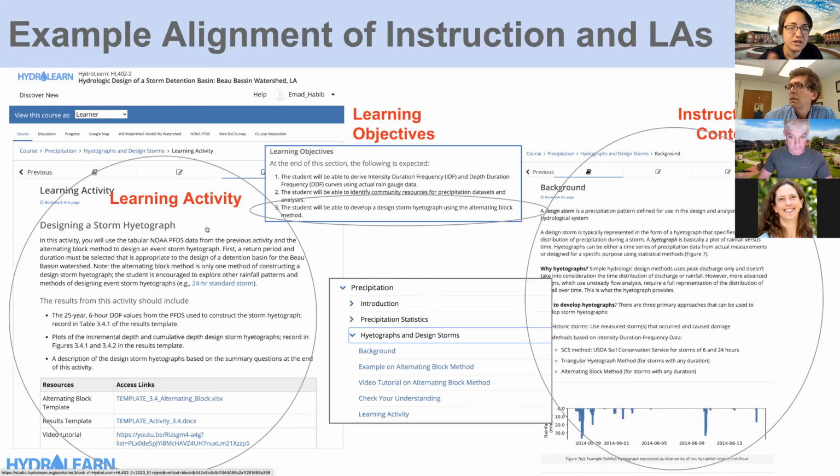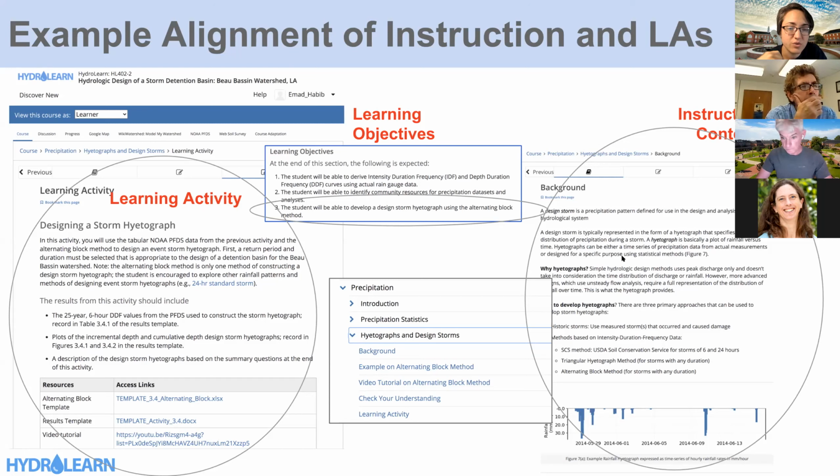And here, this learning activity is designed to address the third learning objective. So the student will be able to develop design storm hydrograph using the alternating block method. So the instructional content has been written in such a way that it can get students to that assessment.